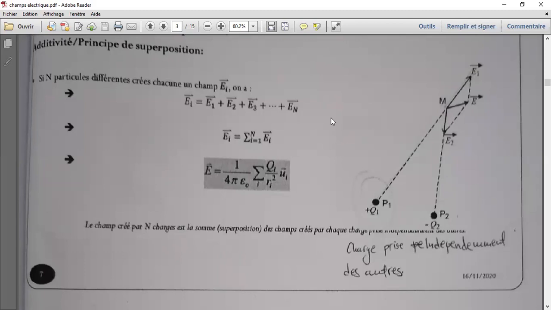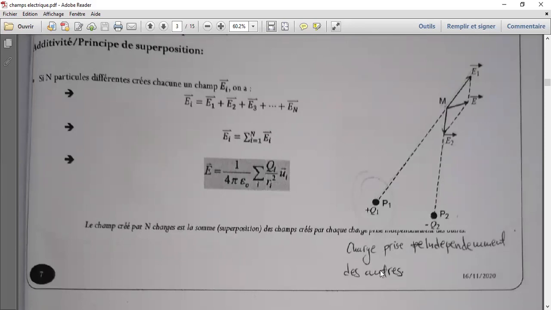When we are talking about the principle of superposition, we're just talking about the addition of the champ electric for us to have our total champ, which is created at a certain point. So le champ créé par n charges est la somme superposition des champs créés par chaque charge prise indépendamment des autres.